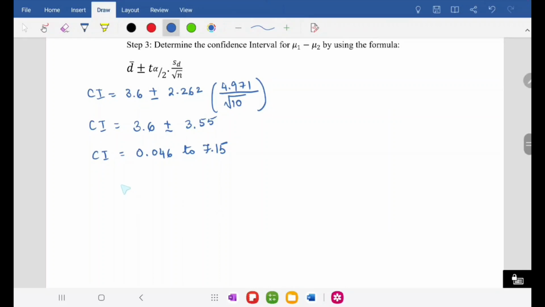Again, do not forget to interpret it in the right manner.